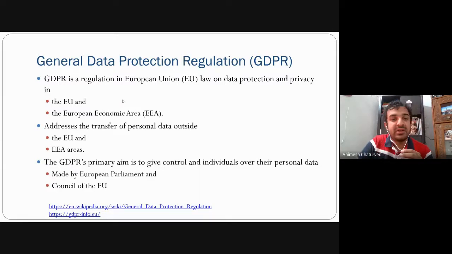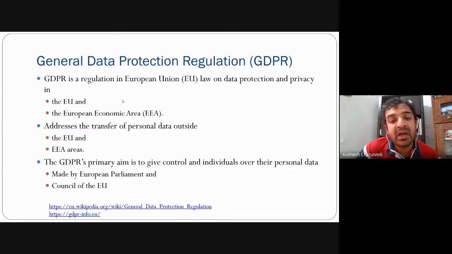And what is the primary aim of providing this law? It gives control and individual access to the personal data, so that only limited users are able to access that personal data. Who made it?